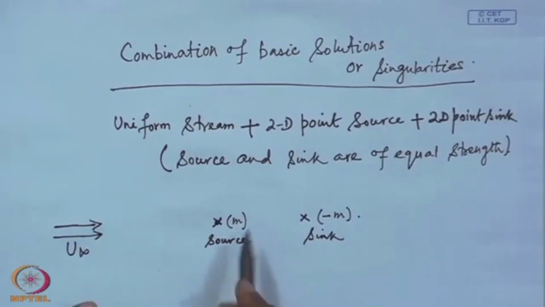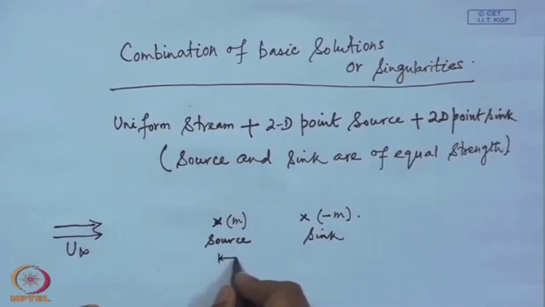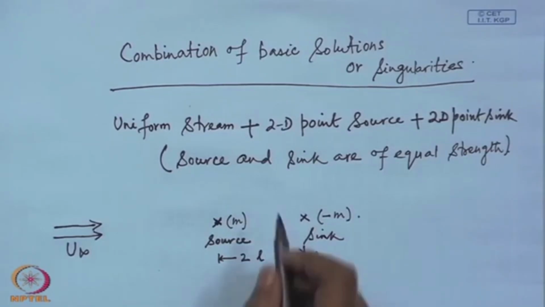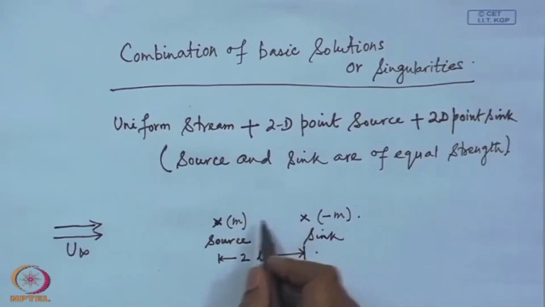And let us consider the distance between the source and sink be 2L. We will choose our origin at the midpoint on the line joining source and sink.